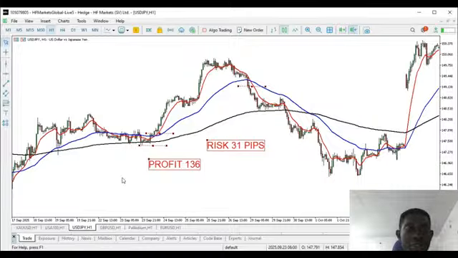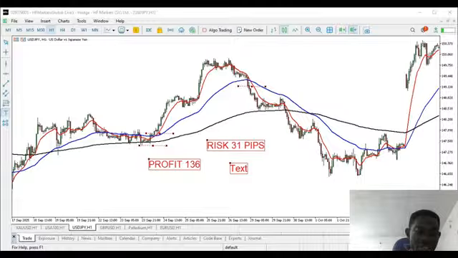You can imagine this kind of risk to reward ratio: 4.38.